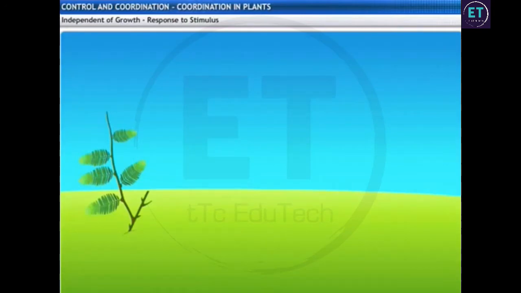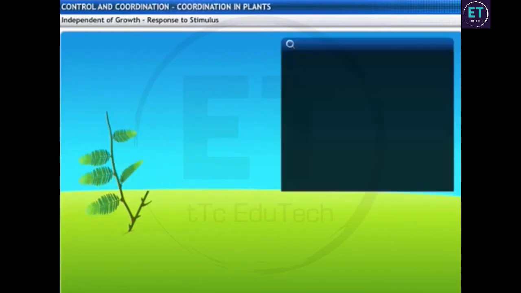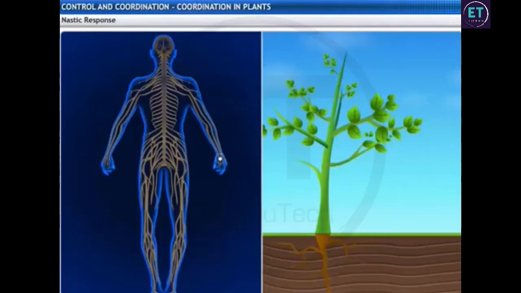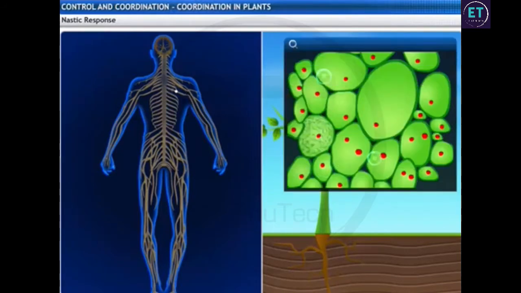Let's consider the first example of the sensitive plant responding to touch. There aren't any nervous or muscle tissues to detect touch. So how do the leaves move in response? Like animals, plants also use an electrical chemical means to convey this information from cell to cell.